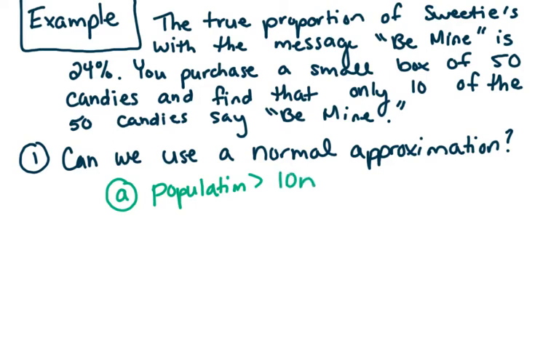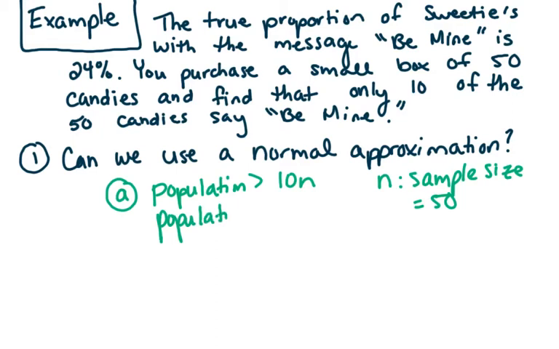And so n in this case is our sample size, which is 50. And so our population of candy hearts has to be bigger than 10 times 50, 500. And so I would say, yeah, there's definitely more than 500 little candy hearts.